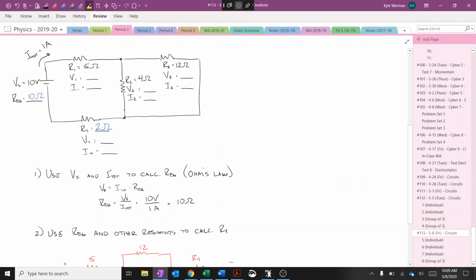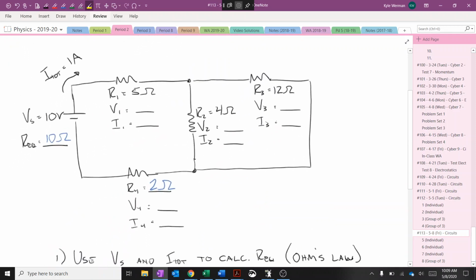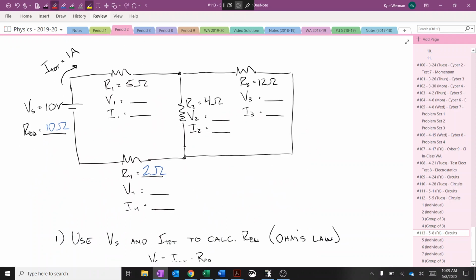All right, notice in this circuit, I really have 2 loops. I can pass through one way, or I can go through R1, go through R3, and come back through. Regardless, I have to pass through R1 and R4, and so I know that they see all of the current, 1 amp and 1 amp.